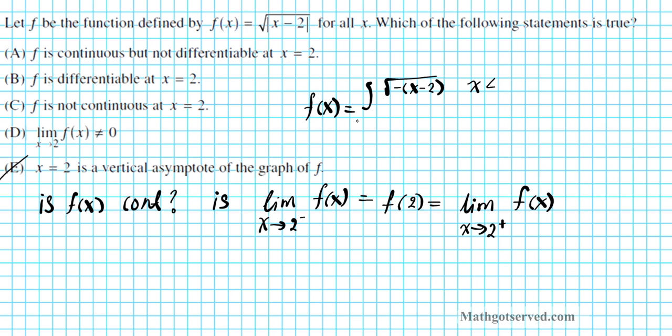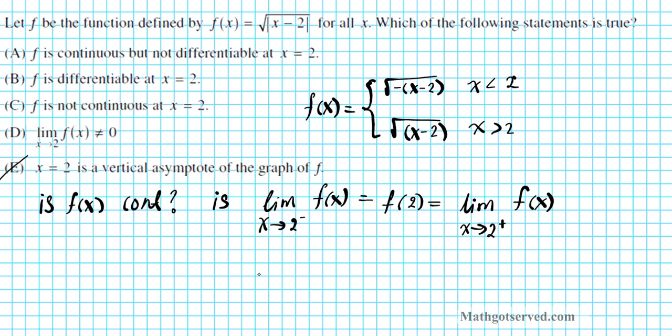And the other side, square root of positive x minus 2 when x is greater than 2. All right? So we have something happening at 2. It could be a corner or a cusp, something like that. We don't know yet. But what we're looking for is the limit. So this is from the left and this is from the right.